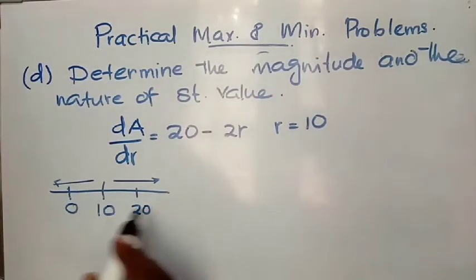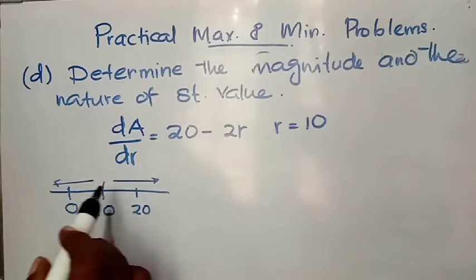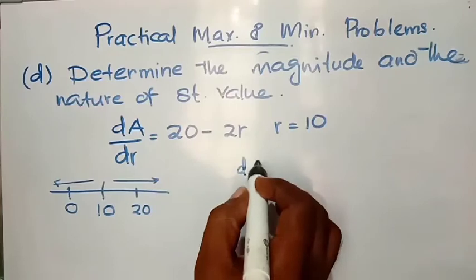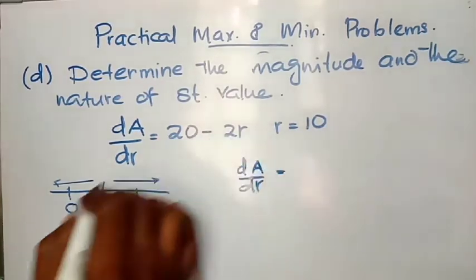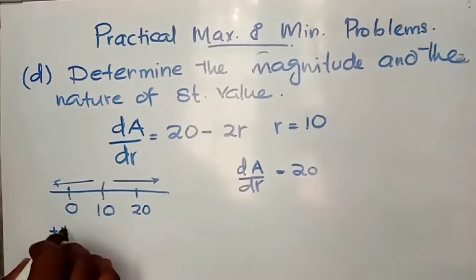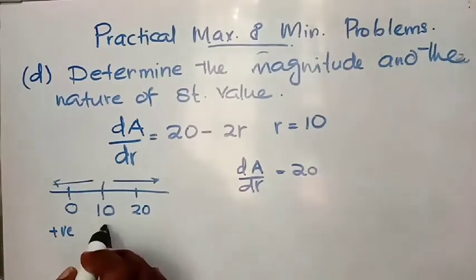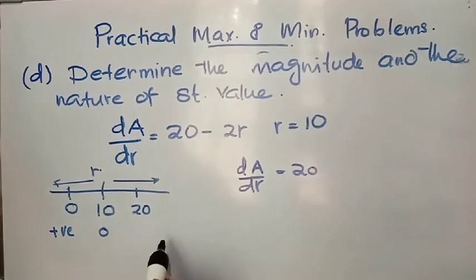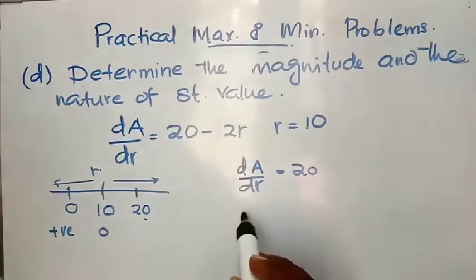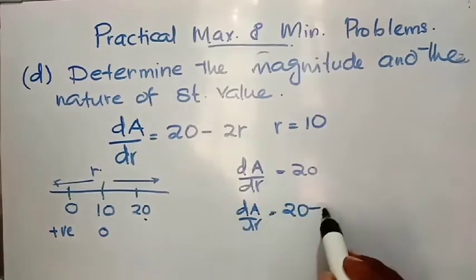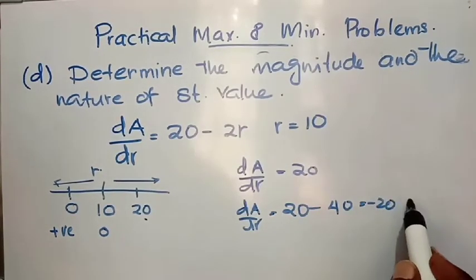Now we have to think: if r is 0, what happens to dA by dr? This is rough work. If r is 0, this portion becomes 0. We get 20, which is a positive value. When r is 10, dA by dr is 0. When r is 20, we get dA by dr as 20 minus 2 into 20, that is 40, so minus 20, which is a negative value.